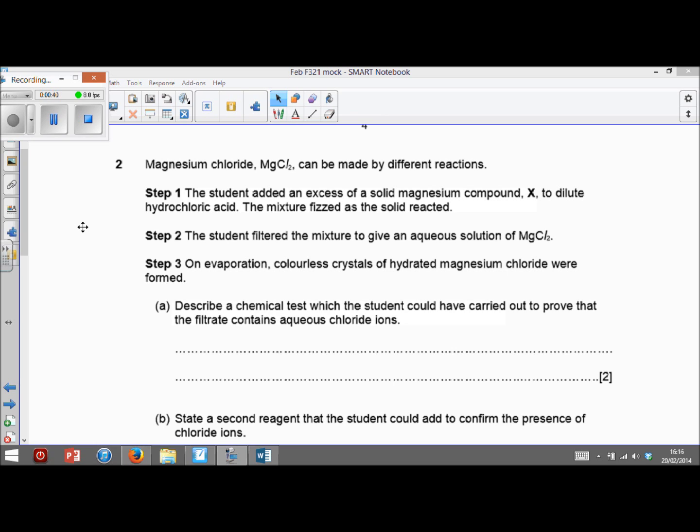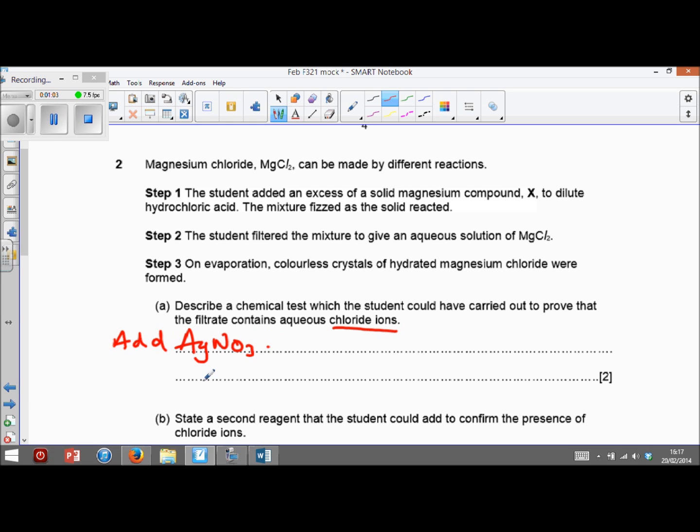So if you'd all been reading your F321 exam techniques booklet, this should have been a nice easy question for you. So a chemical test that confirms the presence of chloride ions: we just add silver nitrate, and then it's 2 marks.